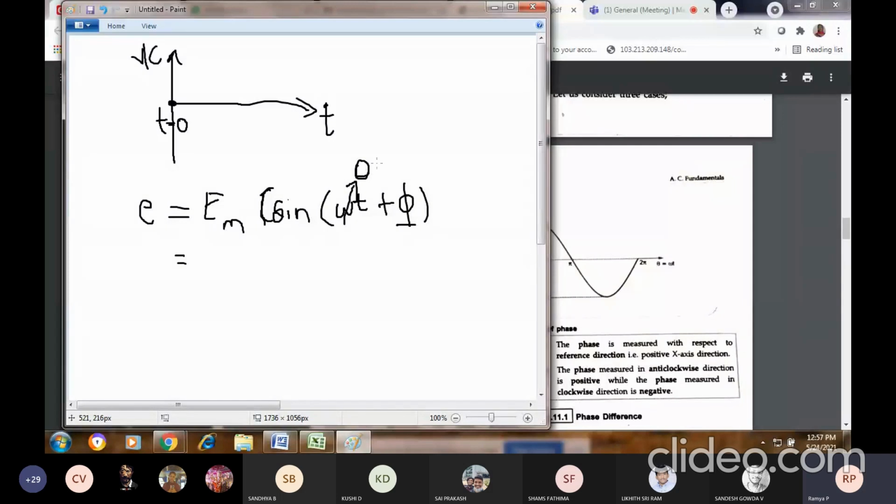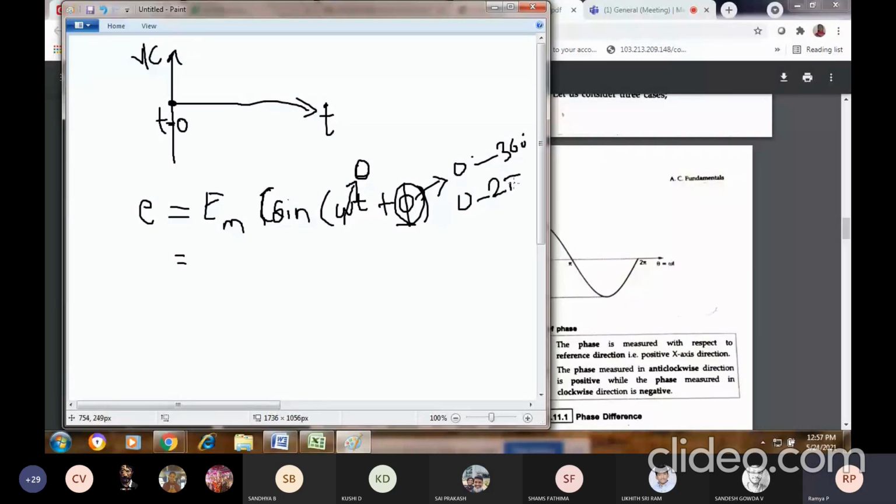Now if you want to understand the phase angle concept, this phi will be added up. And this angle phi can vary from 0 degrees to 360 degrees, or I can vary it from 0 to 2 pi in radians.